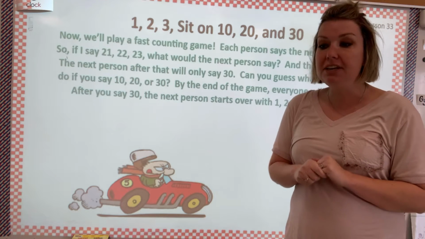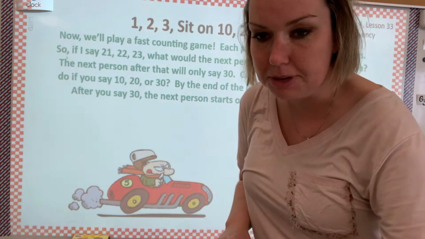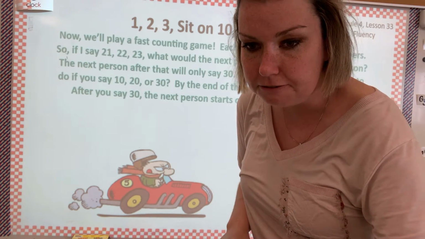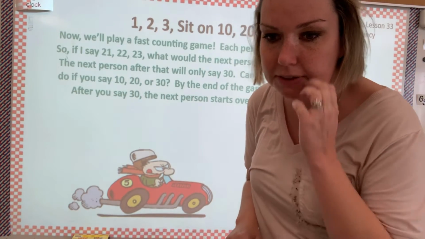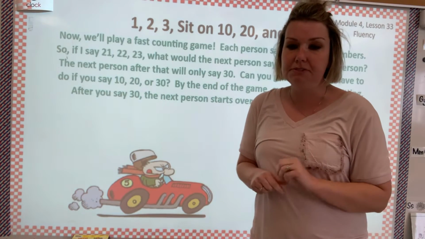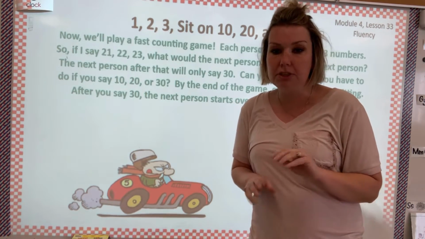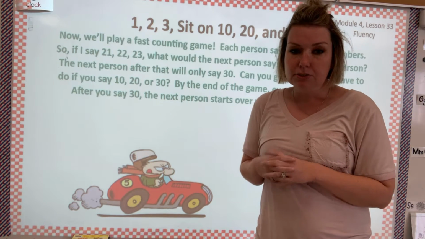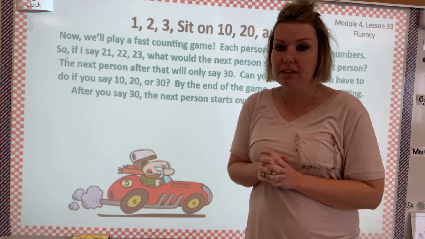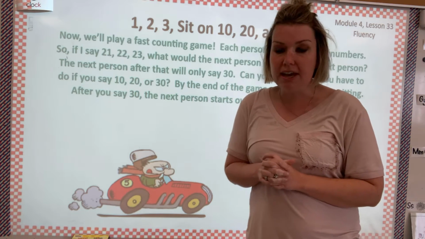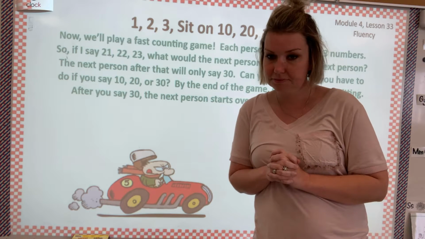All right, we're going to start with 1, 2, and 3. Here we go. I'm going to call on friends. Let me put my screen onto a large gallery view. Jonian, we're going to start with you, starting with 1. Say 1, 2, 3. All right, very good. Ryan, you're next. 4, 5, 6.